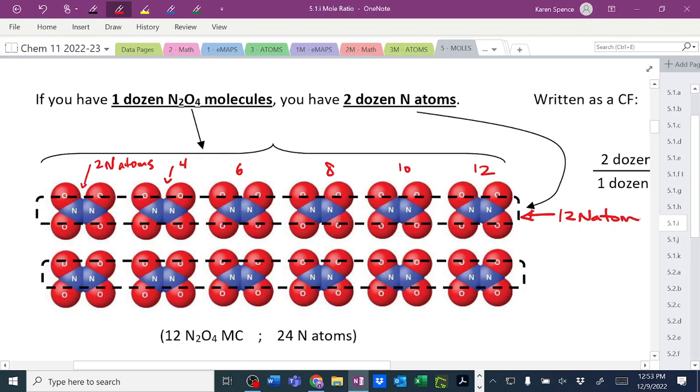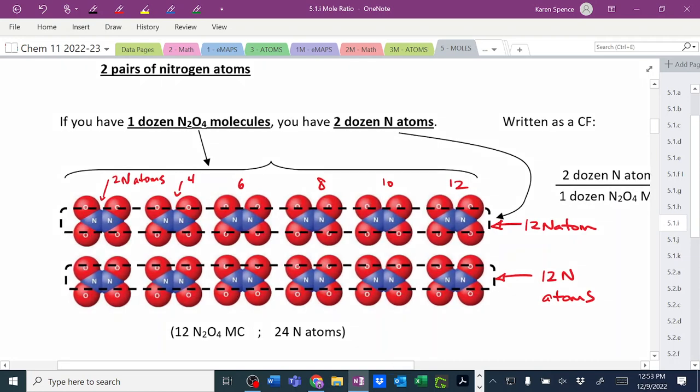And in our second line, there are 12 N atoms. So we have 1 dozen, we have 12 molecules. So that's 1 dozen molecules.